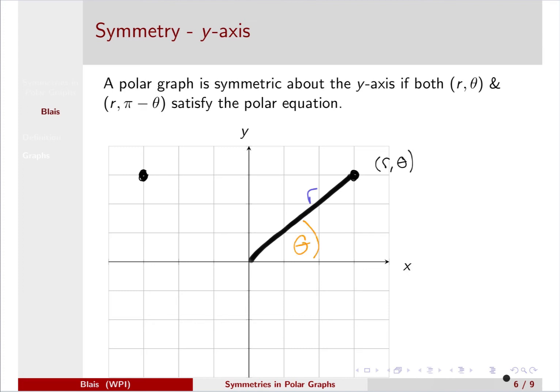For our original point, one way we can think of this is to connect this new point to the origin. And we note that the r can be considered the same. This new point has the same distance from the origin, so we can use r.